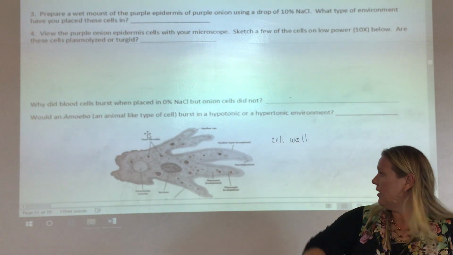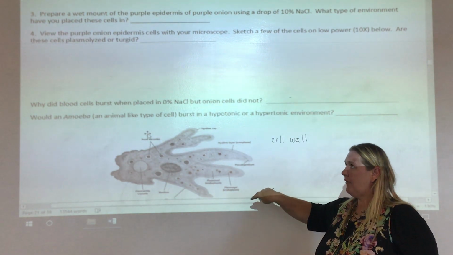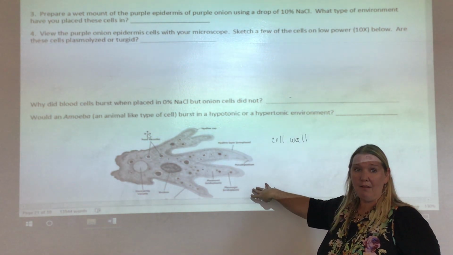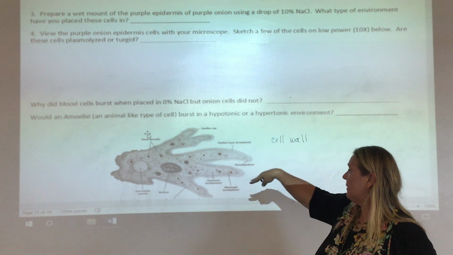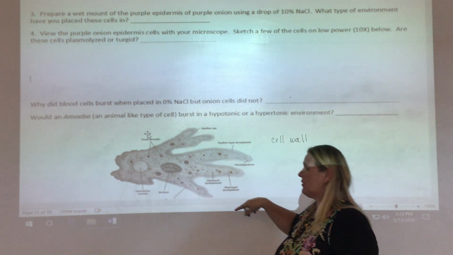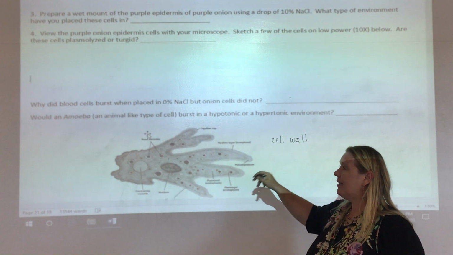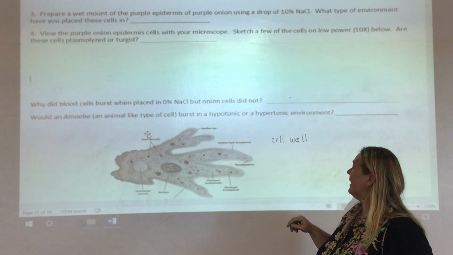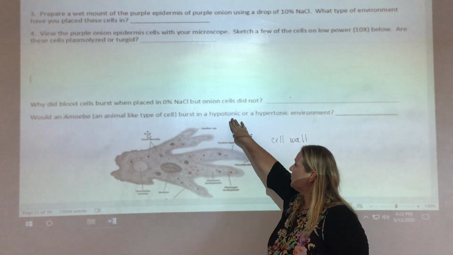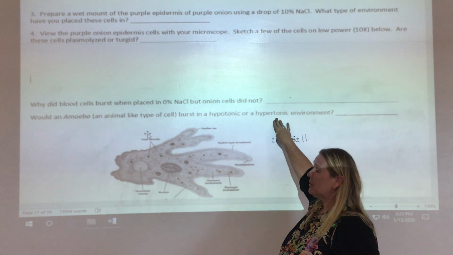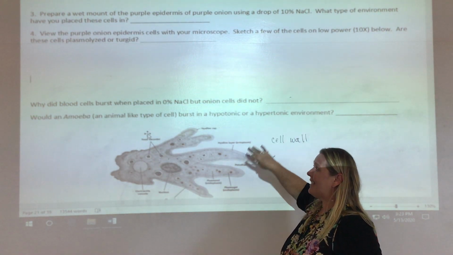When an amoeba, an animal-like protist, is in a hypotonic environment, would it burst? I put a picture of an amoeba from lab 6. We talked about the amoebas and the specialty organelles you saw that they had. But if this animal-like single-celled organism was in a hypotonic solution, what would happen? If it was in a hypertonic solution, what would happen? It's an animal-like cell.